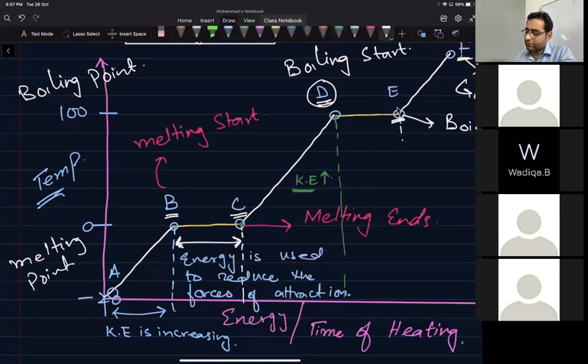The temperature is constant, but energy is still absorbed, so this amount of energy was used to reduce the forces of attraction between the particles. And again, between E and F, kinetic energy is increasing. So this is your heating curve.